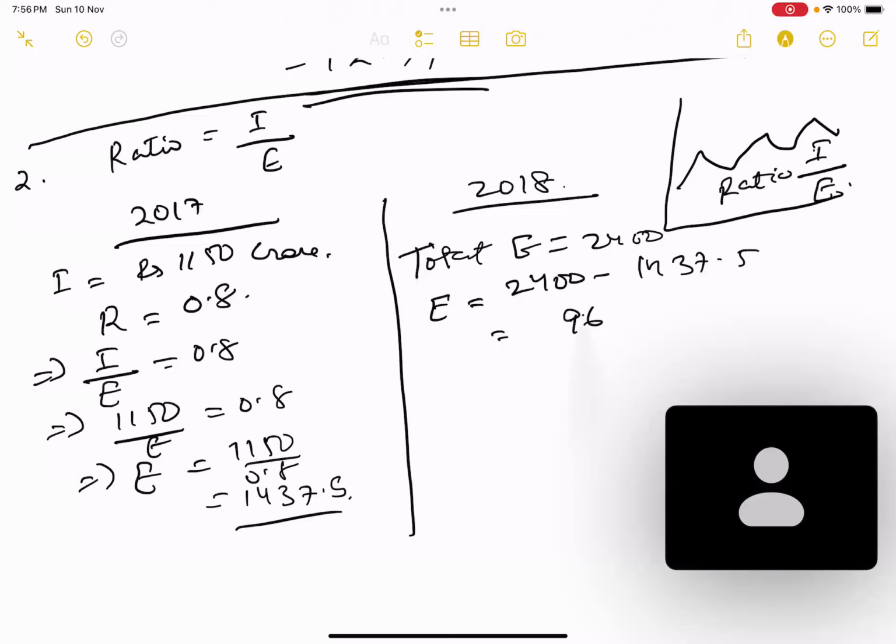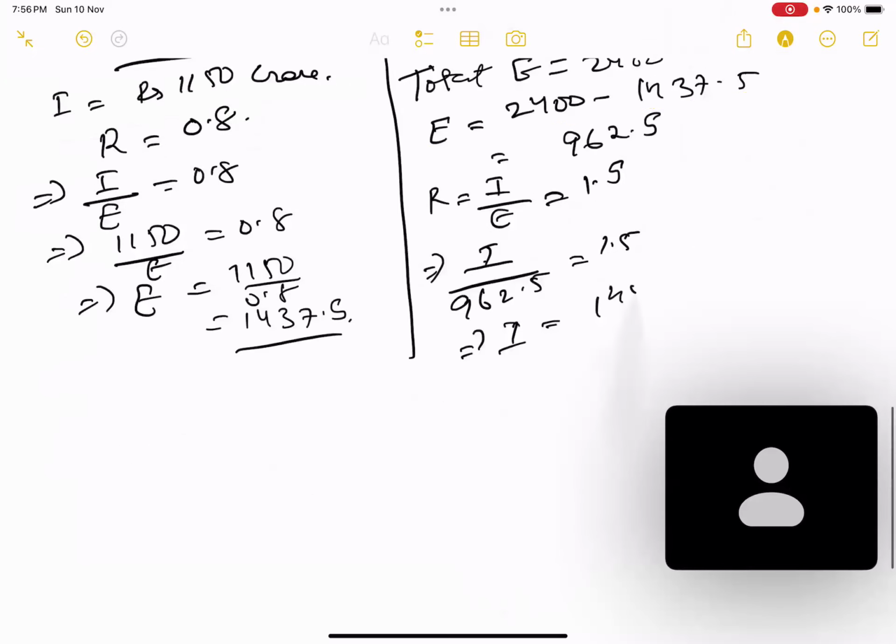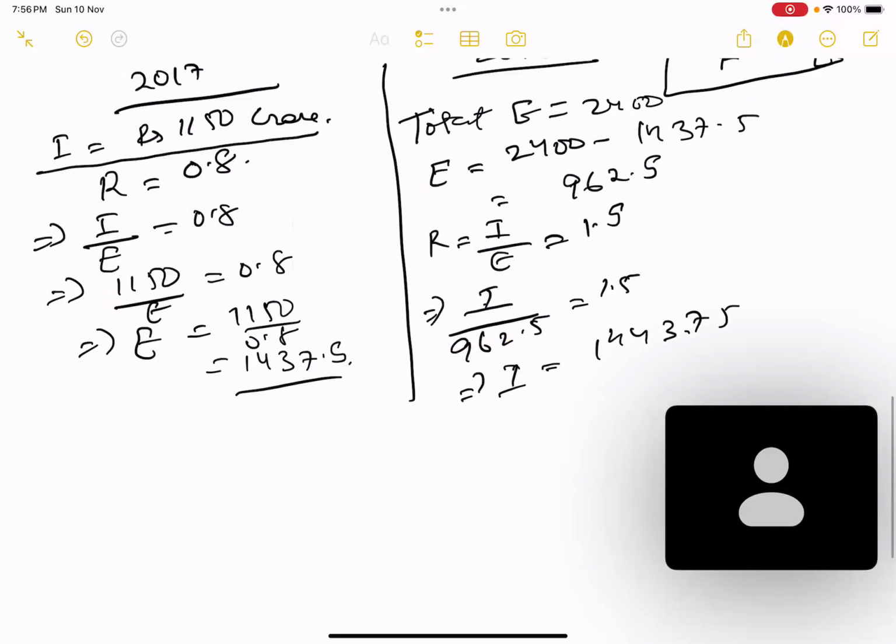Now the ratio of import to export for 2018 is 1.5, which means import by 962.5 is equal to 1.5. So import is equal to 1443.75. Yes, we have to compare the imports of 2017 and 2018.